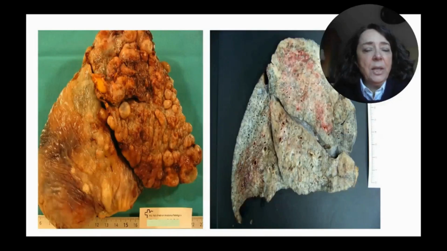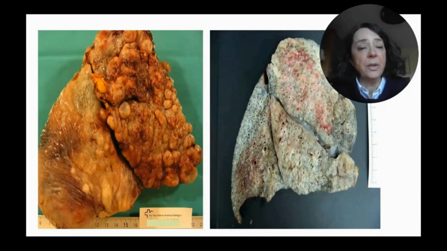It's important to know where you take the block, because if you give me a section from the lower lobe and I see a lot of fibrosis, probably in the left picture, in a patient with histiocytosis, probably I won't get anywhere.